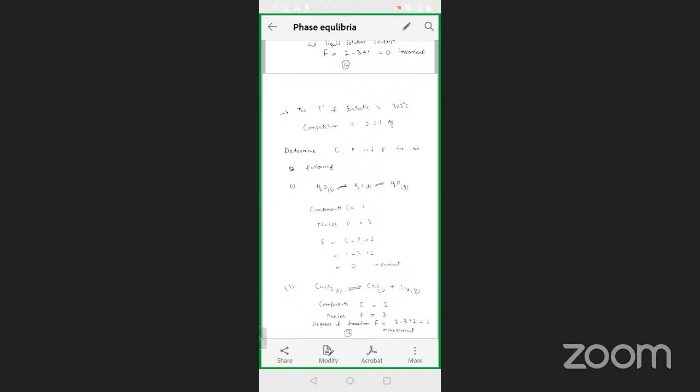And for the decomposition of calcium carbonate, the components are 2, phases are 3, hence the degrees of freedom is F equal to 1, monovariant.